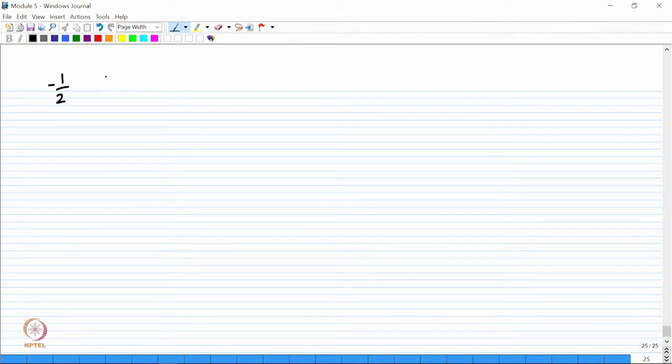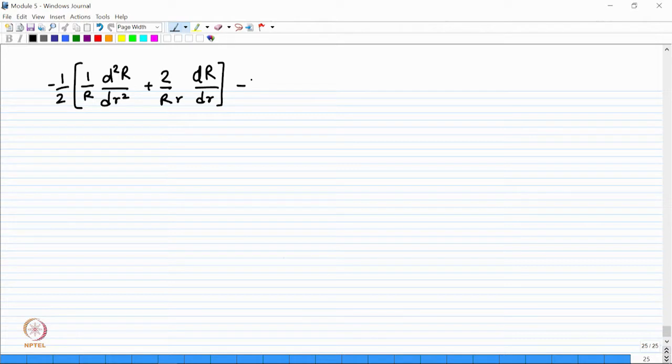Now let me write in terms of d square r by d r square times 1 by r plus 2 by r dr by dr, and I have a minus 1 by r. So these are all the terms that depend only on r.